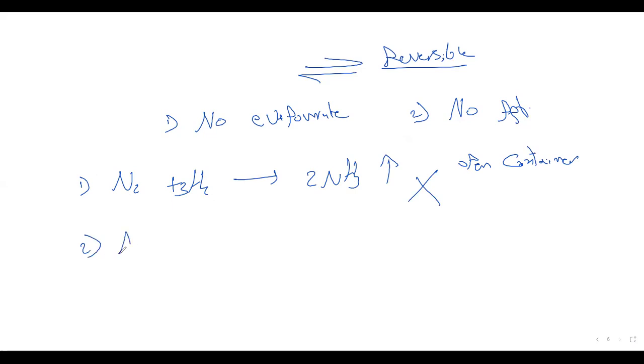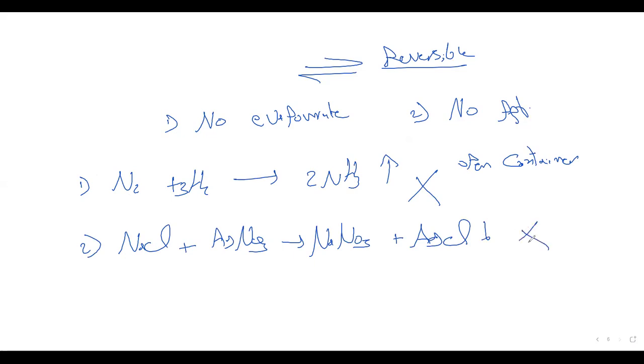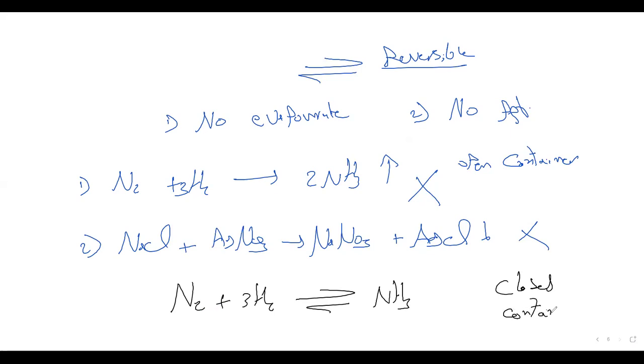Or if we have the reaction NaCl plus AgNO3 gives NaNO3 plus AgCl as a solid precipitate, no reversible reaction. While in case of N2 plus 3H2 in an enclosed container giving NH3, this closed container, in this case, we have a reversible reaction.